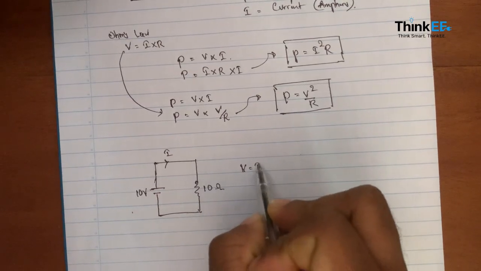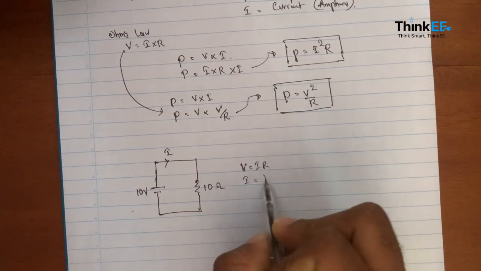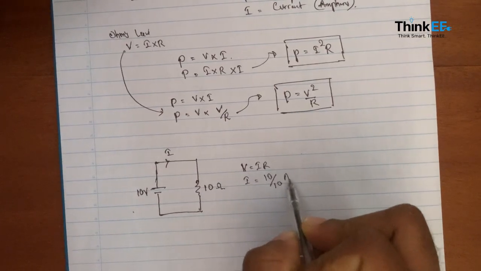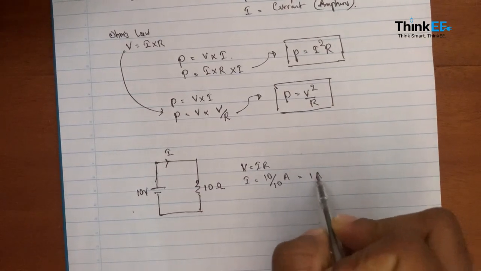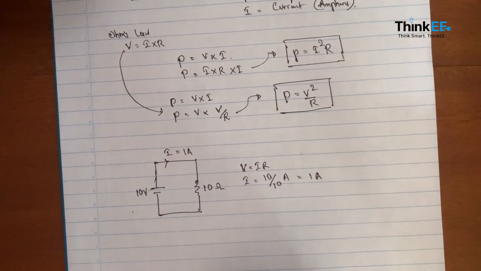V equal IR. Then I is 10 over 10 amperes. That is 1 ampere. That is our I is equal 1 ampere.